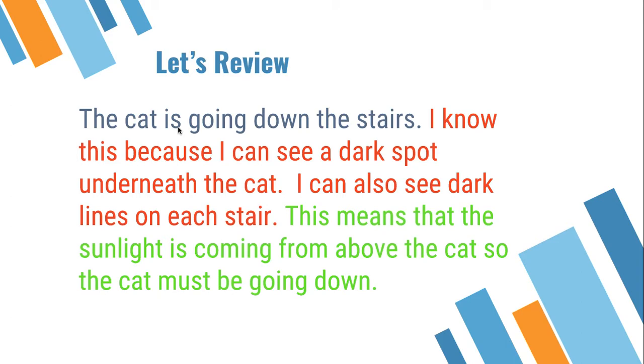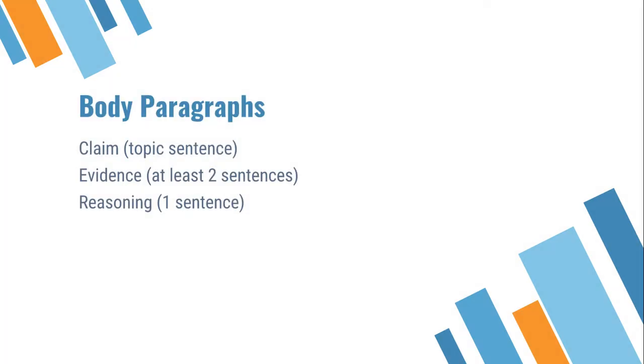Now that we've reviewed what a CER looks like, let's talk about how this applies to our body paragraphs in an essay. So our body paragraphs in an essay should all have a CER. The claim would be the topic sentence. The evidence would be at least 2 sentences of facts from the text.